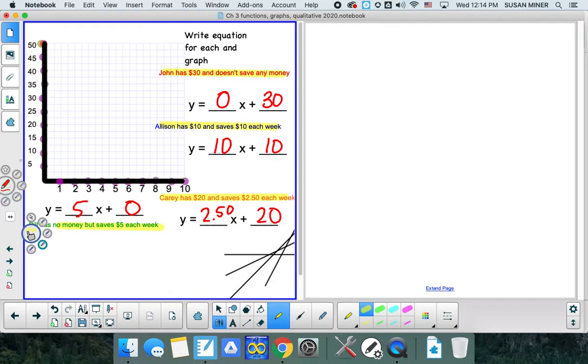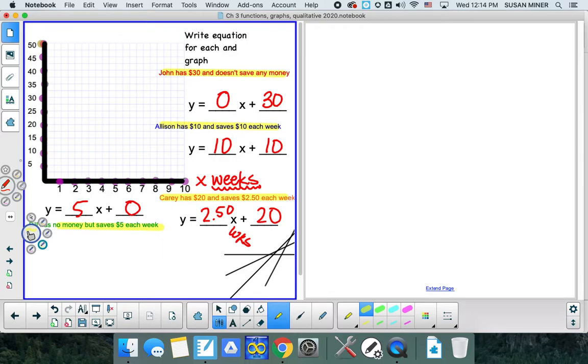So what are we graphing here? Let's try and decide. So we're saving money each week, per week, right? And so per what? X is our number of weeks. So on our x-axis, we're going to be graphing weeks down here. And that should make sense because remember, Ms. Miner said that anytime I have some amount of time, it's always going to be graphed on my x-axis.